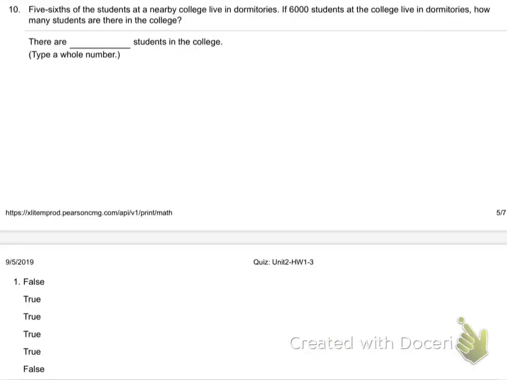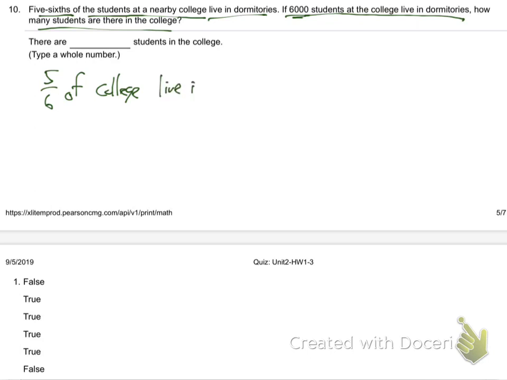Okay, so here's number 10. It says 5/6 of the students at a nearby college live in the dormitories. If 6,000 live in the dorms, how many students are there at the college? So let's say 5/6 of the college live in the dorms.